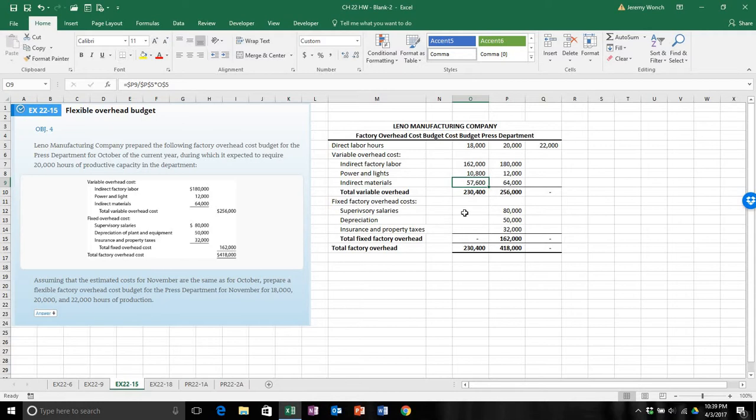Oh, we got a line disappear. So for indirect materials, we're taking the cost divided by the hours, times our new set of hours. We adjusted proportionately down for the 18,000. Now we just adjust proportionally up for the 22,000. Same idea: we take our 180 divided by our 20, multiply it times our 22.